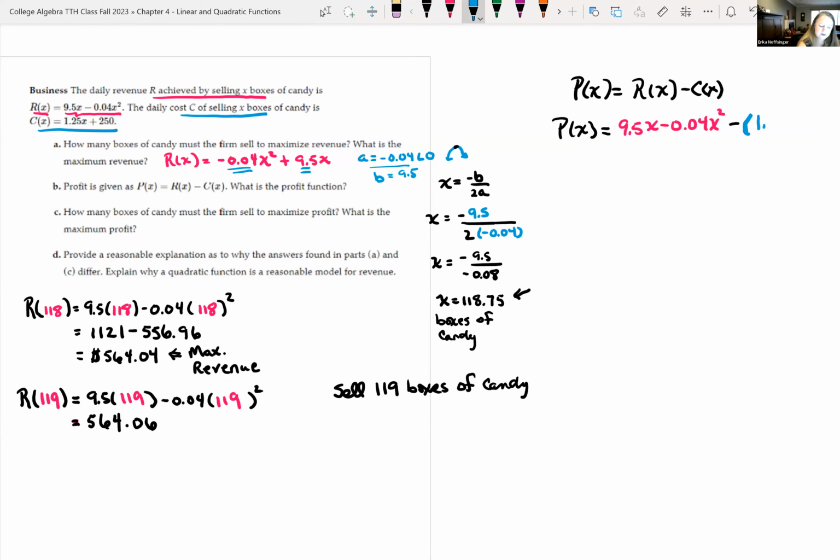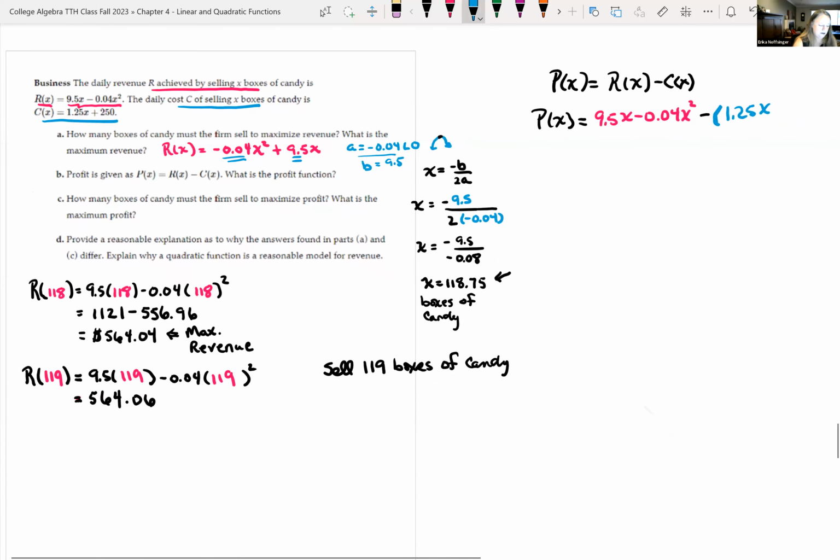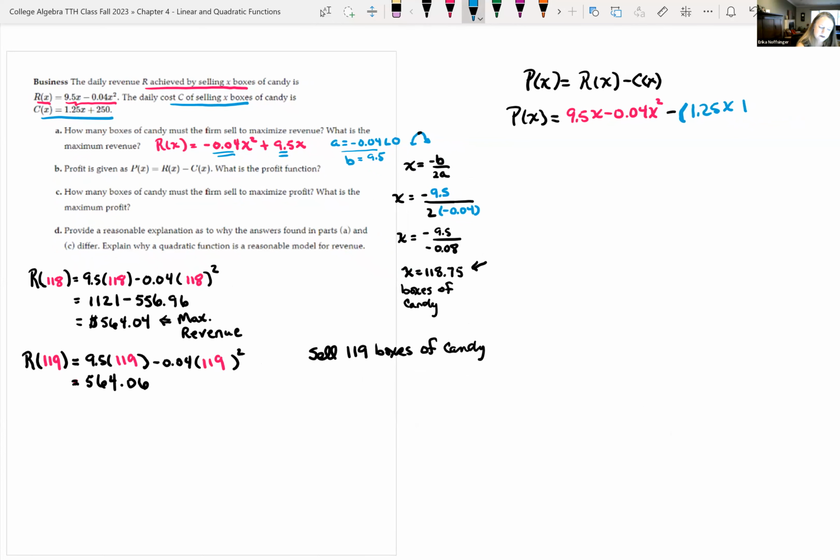So parentheses 1.25x plus 250. So I have 9.5x minus 0.04x squared. Distribute my negative. I have negative 1.25x minus 250.